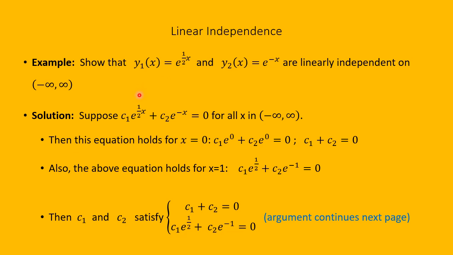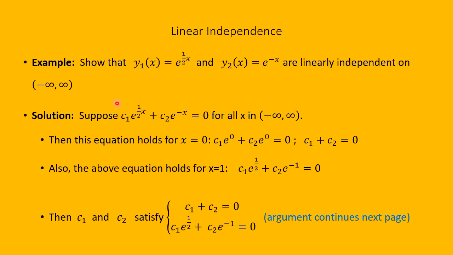So what we need to do is suppose that c1 e to the half x plus c2 times e to the minus x is 0 for all x in minus infinity to infinity. And we have to show from that c1 and c2 have to be 0 constants. If this is identically the 0 function on this interval, then these two constants both have to be 0.